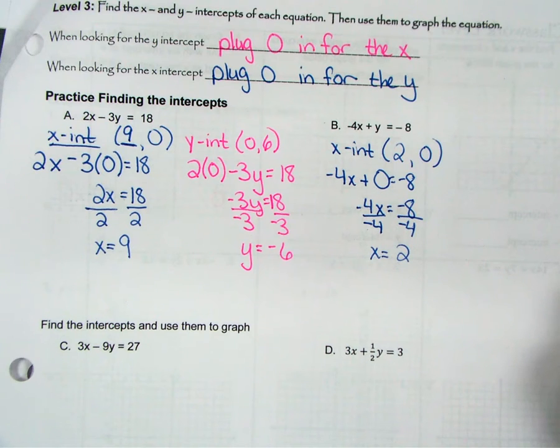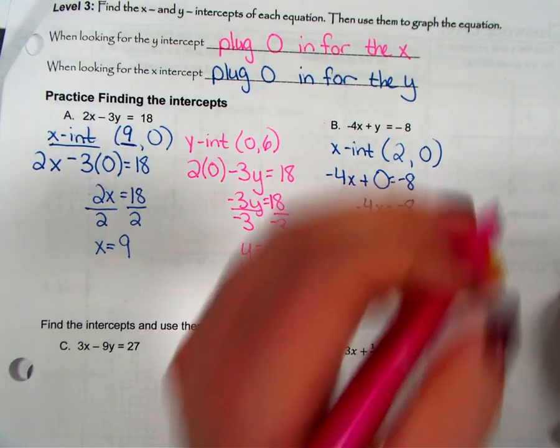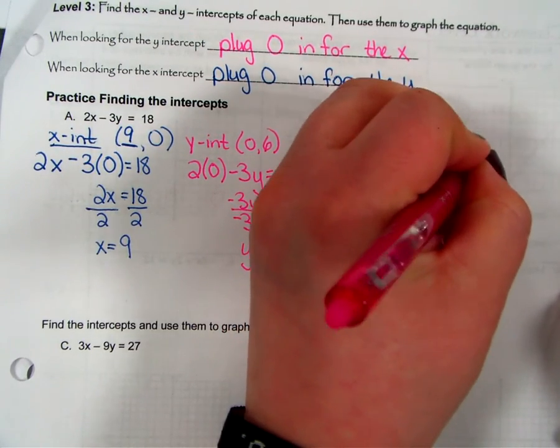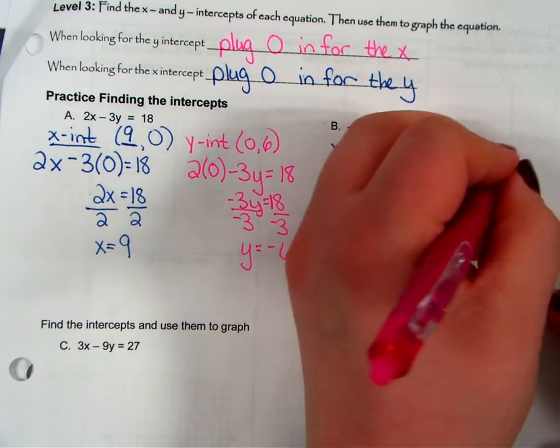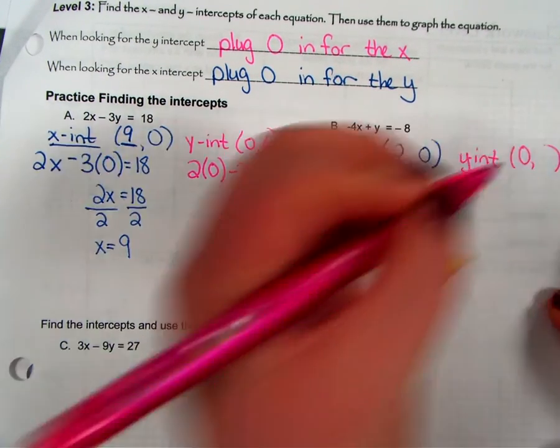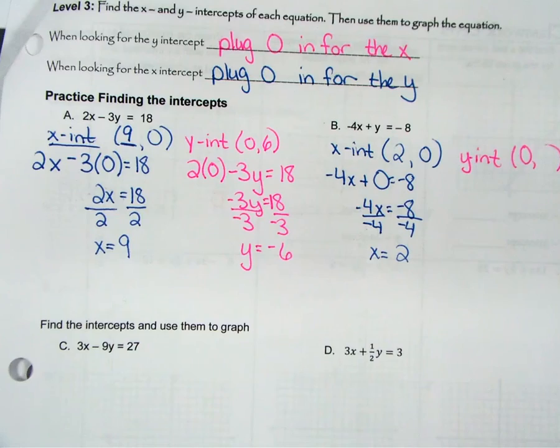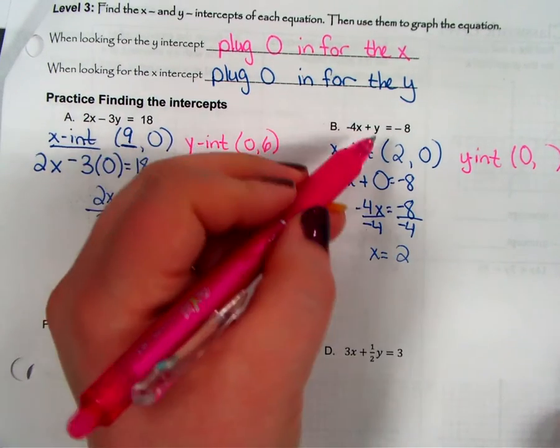Now let's do the y-intercept. We know that all y-intercepts have 0 for x and a number in there for y. So here's my equation.